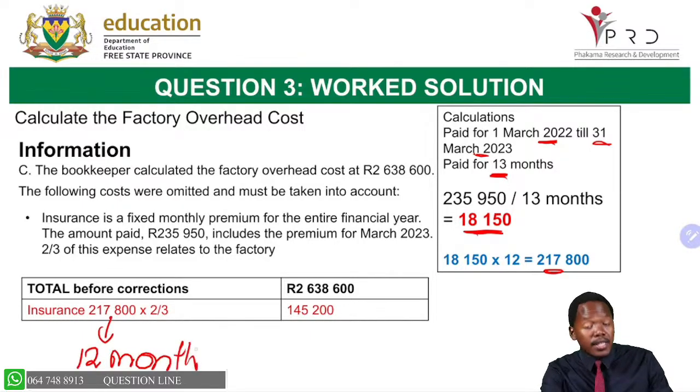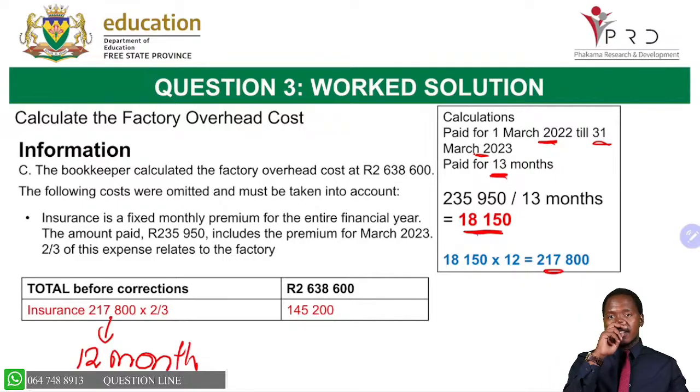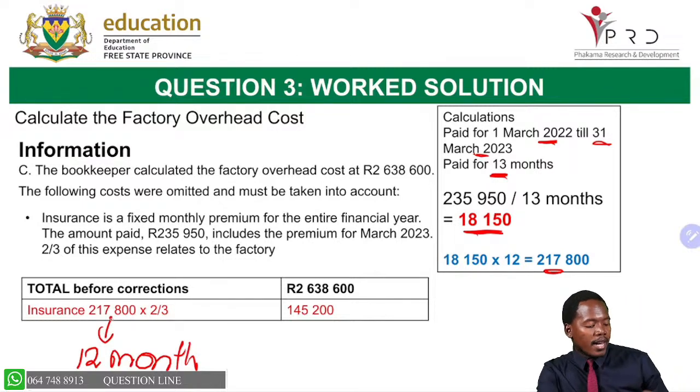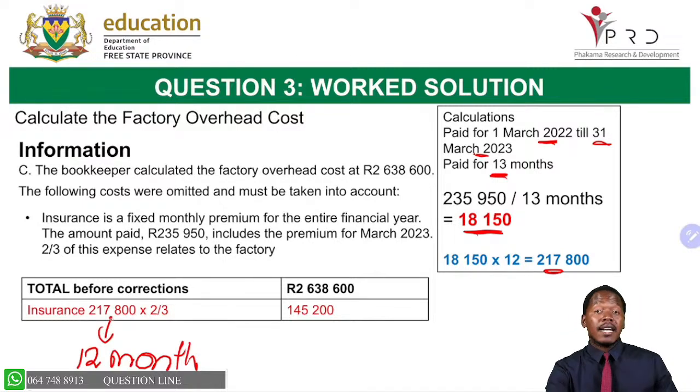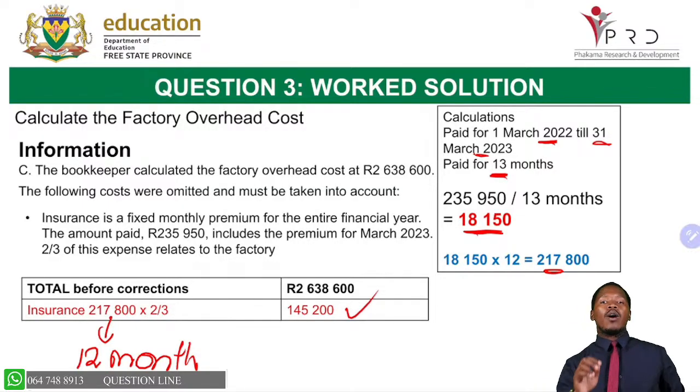We can now use it to allocate the amounts to different departments. Now, 217,800 multiplied by two-thirds, then we get 145,200.